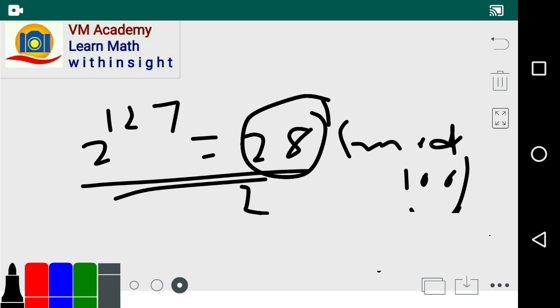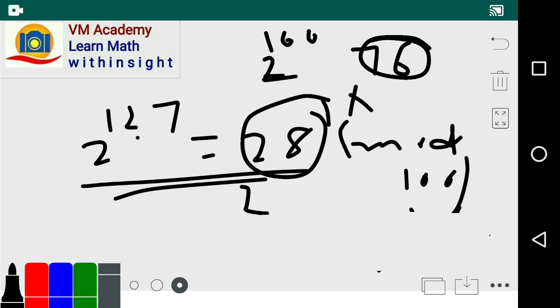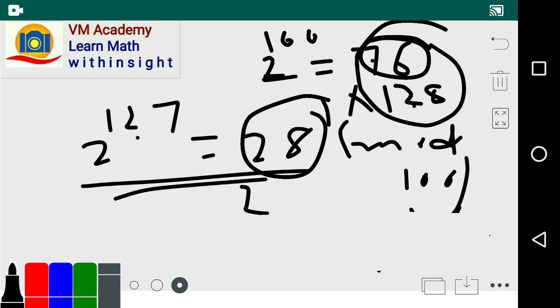And friends, in general, if we see an even number raised to 100, the last two digits are 76. So 2 raised to 100 ends with 76, and 2 raised to 7 is 128. So 76 into 128 also ends with 28. And in this manner we can verify this.